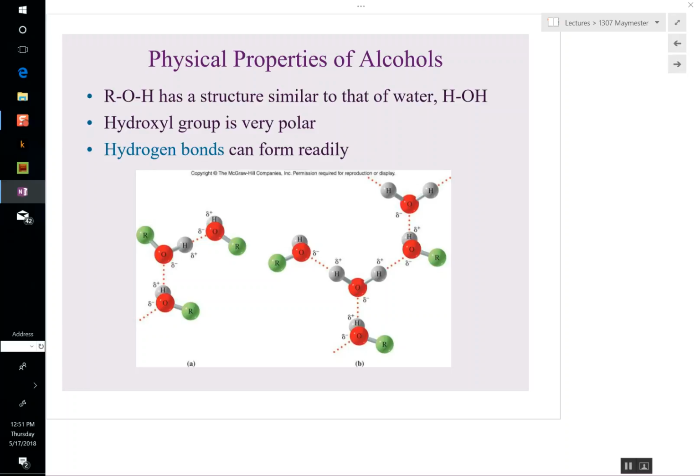This ends up being the positive end of the bond, and the negative end of that bond. It's a polar bond. It's not so with these other bonds here. They're nonpolar bonds, and the rest of the molecule is nonpolar, but right here is polar. So it can hydrogen bond.